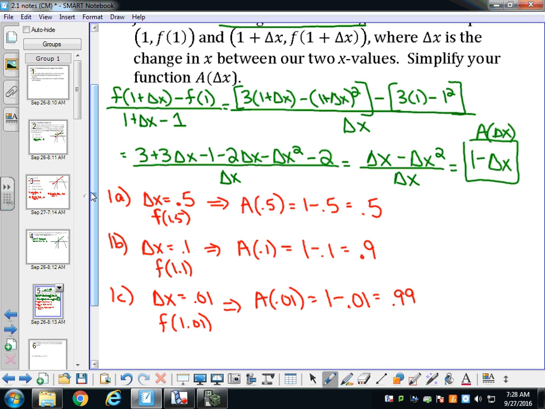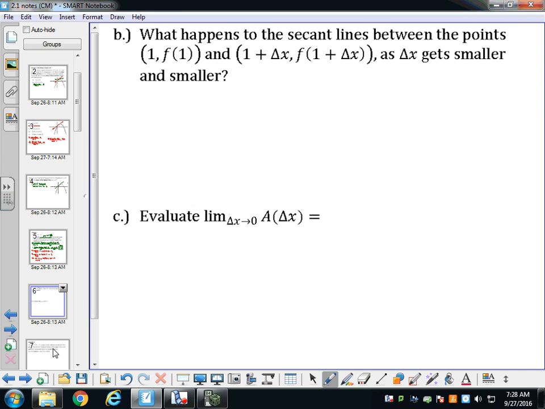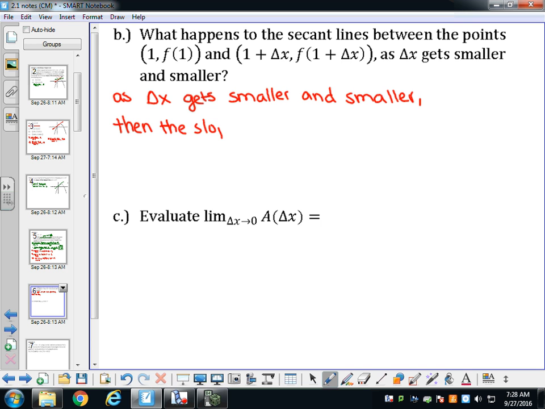Okay, so this is kind of answering our next question. What happens to the secant lines between the points 1 and f of 1 and 1 plus delta x and f of 1 plus delta x as delta x gets smaller and smaller? Well, as your delta x is getting smaller, then the slopes of the secant line are approaching one value.